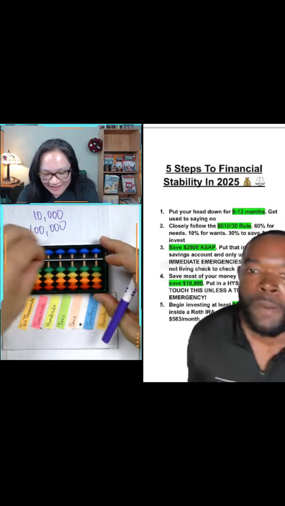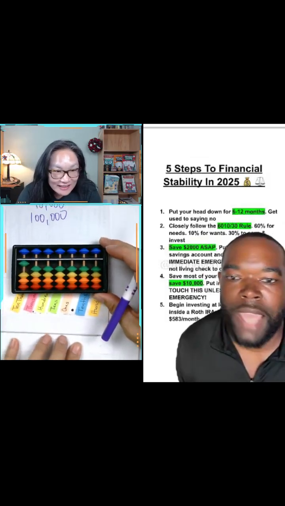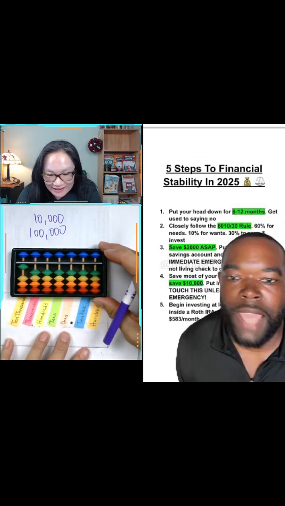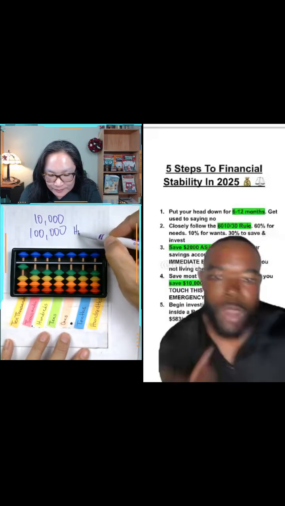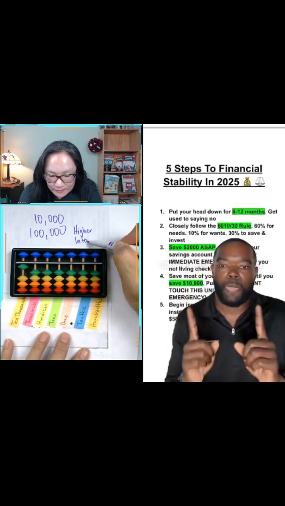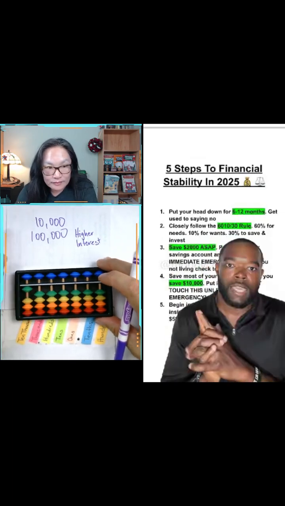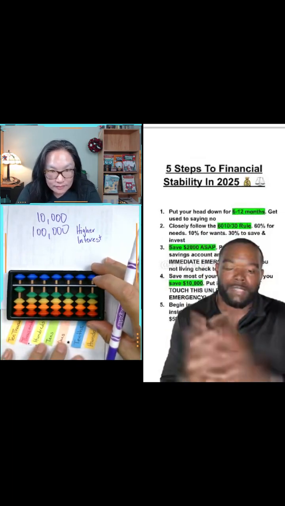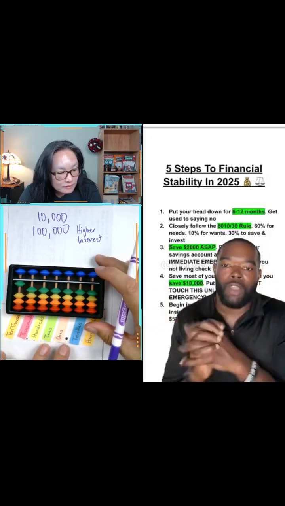Now, we want to put this into a high yield savings account. Like I told y'all already, the high yield savings account is just like a regular savings account, except it pays you higher interest. The reason we want to separate this account is the number one problem that I run into with most people when it comes to their finances. They have everything in one account. They save all their money in one account.